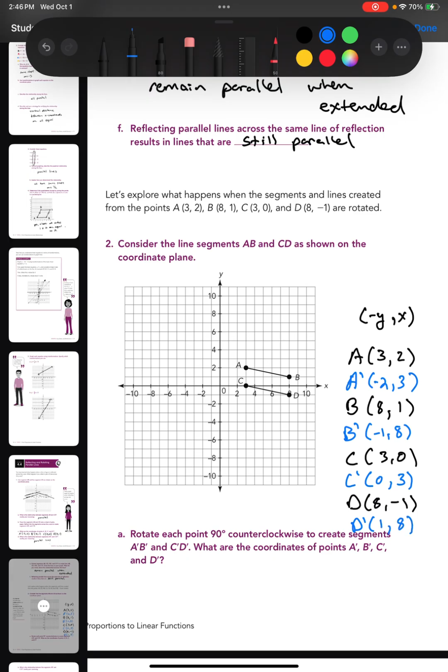So if we graph those points, negative 2, 3 would be here. Negative 1, 8 would be up here. 0, 3 would be there. And 1, 8 would be here. So there's our lines rotated 90 degrees. So there's our new coordinates listed out to answer question A.